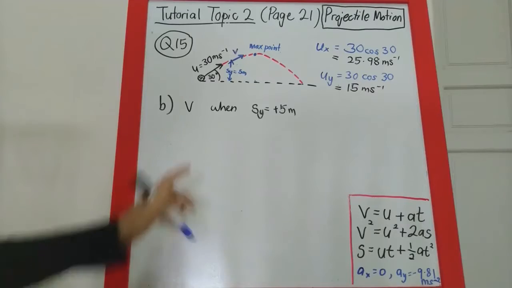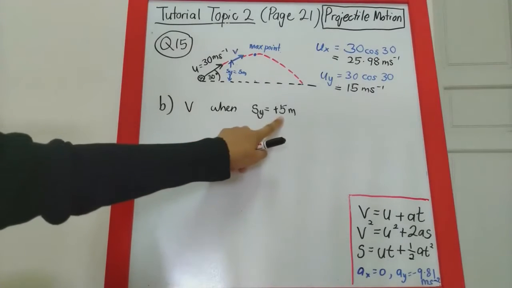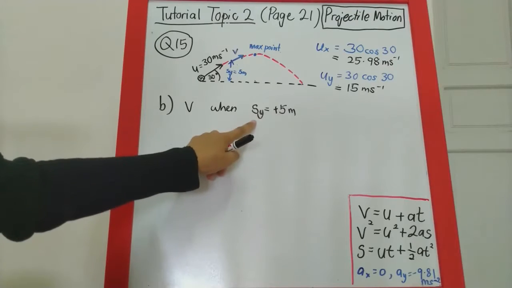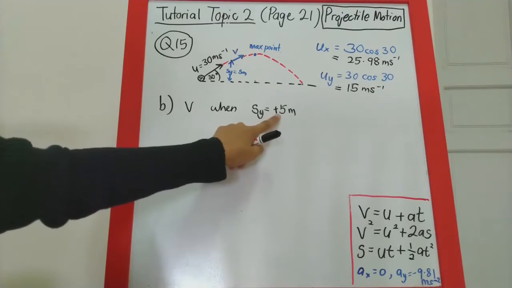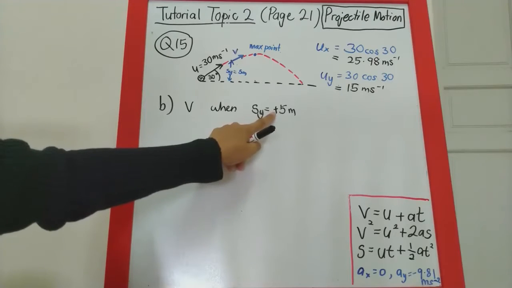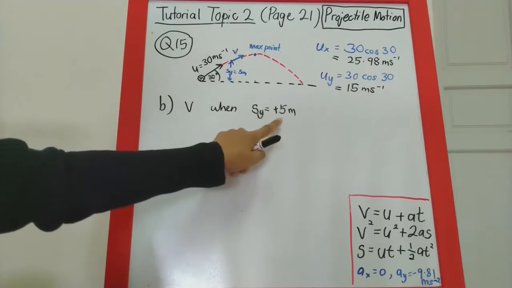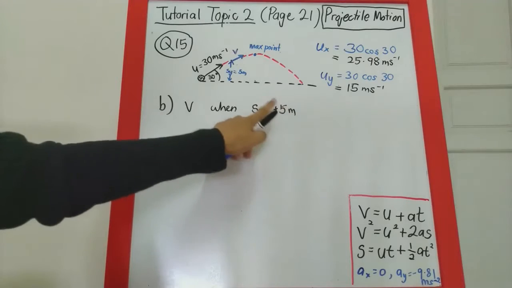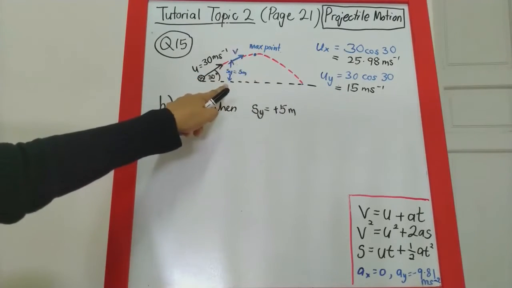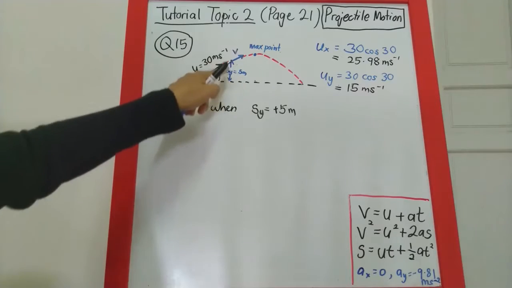Part B, it asks the velocity when the height is 5 meters above the ground. So height sy above the ground, therefore it's above the initial point, positive, before it reaches maximum height. If I want to label this height, it should be somewhere before the maximum height. Okay, somewhere there.